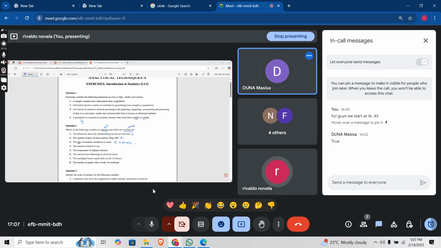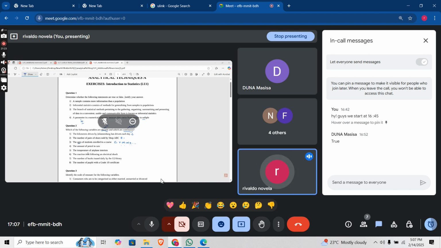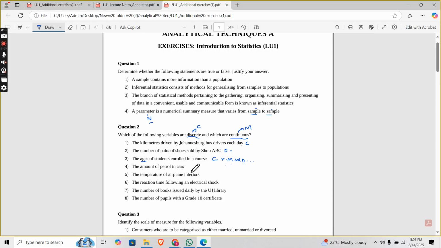Okay, I didn't hear you properly, but the answer is very correct. It's continuous. The reason is because we do not count the amount of petrol in a car, but we measure it. That's why we say that the answer is continuous and not discrete.